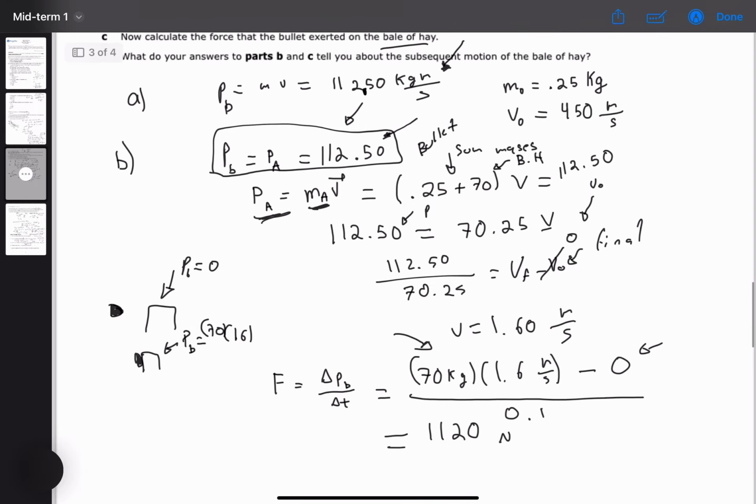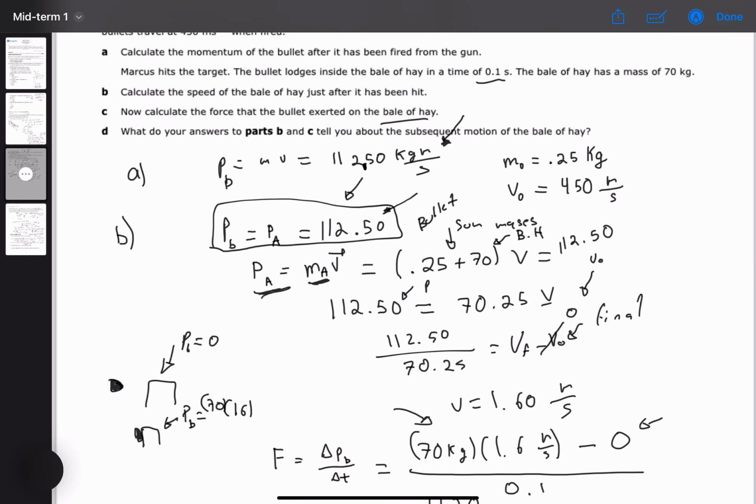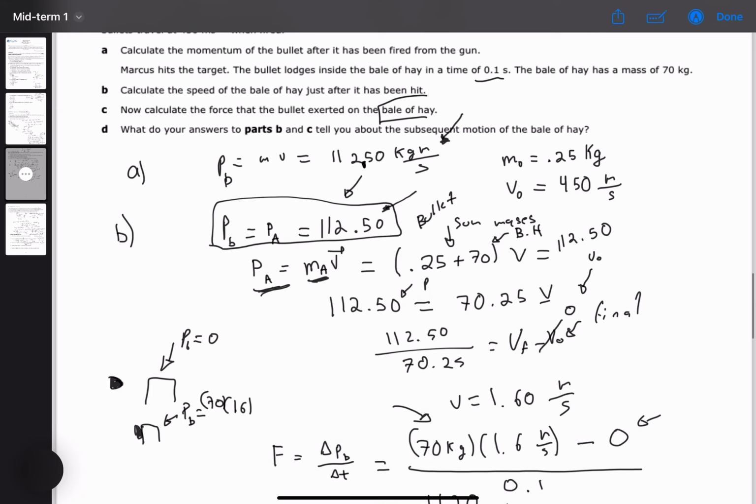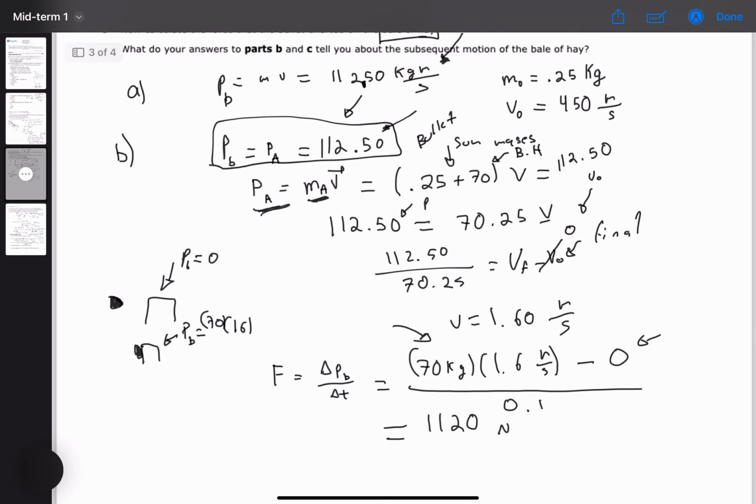And again, here I'm looking into what happened to the bale of hay only. So, what is the momentum of the bale of hay final?